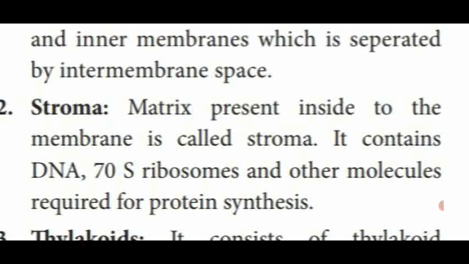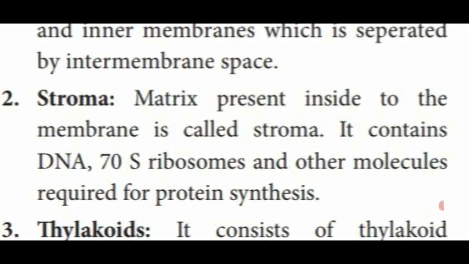It contains chloroplast DNA and ribosomes. The type of ribosome is 70S, and some other molecules for protein synthesis are also present in the stroma region. The matrix present inside the inner membrane is called the stroma.